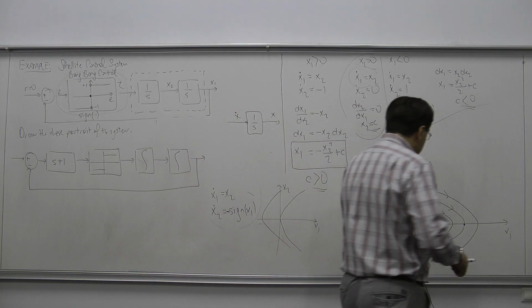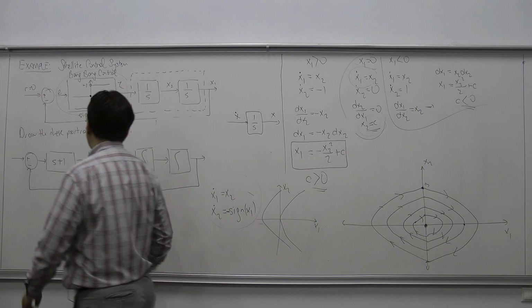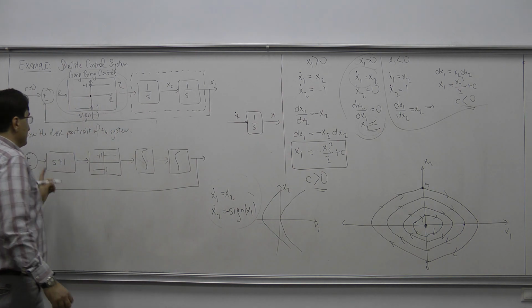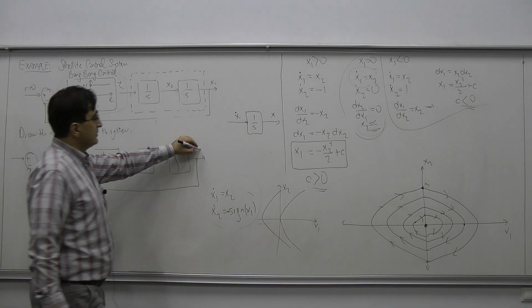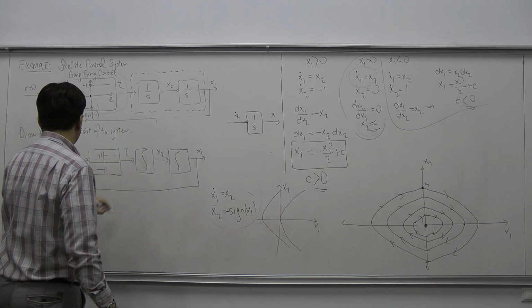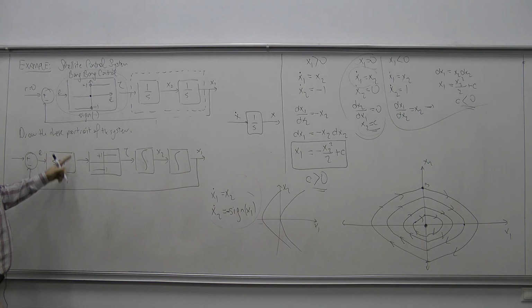Now I would like to obtain the mathematical model of this new system, and I would like to obtain the phase plane trajectories of this new system. I have still the same variables, x1, x2, and I have tau here, I have the error, and now I have added this new block here, okay?